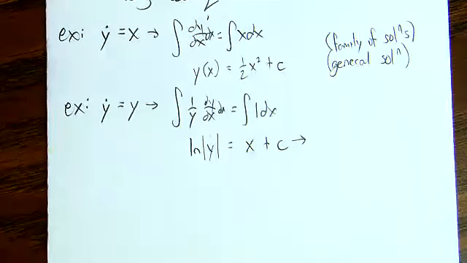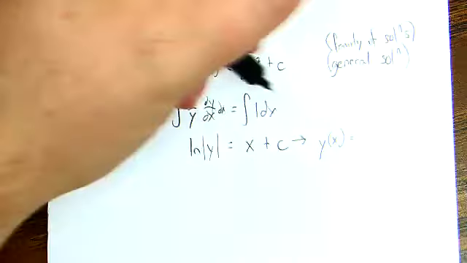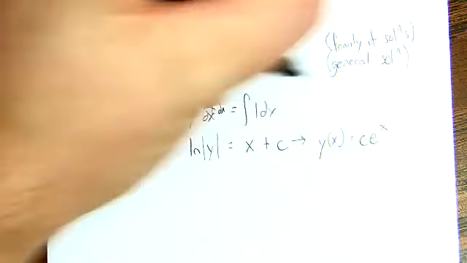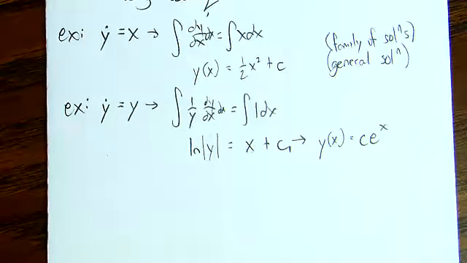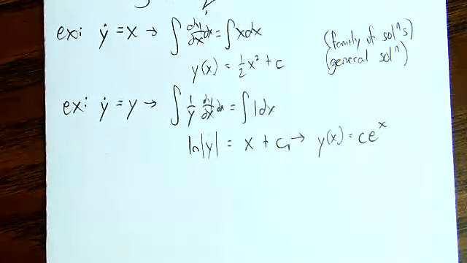We are generally loath to leave solutions like this. We like solving things for y. And if I solve this for y, I get y of x is equal to some new constant times e to the x if I retcon this as c1. Now, when I take e to both sides, I get e to the x times e to the c1. E to the c1 is just a new constant.